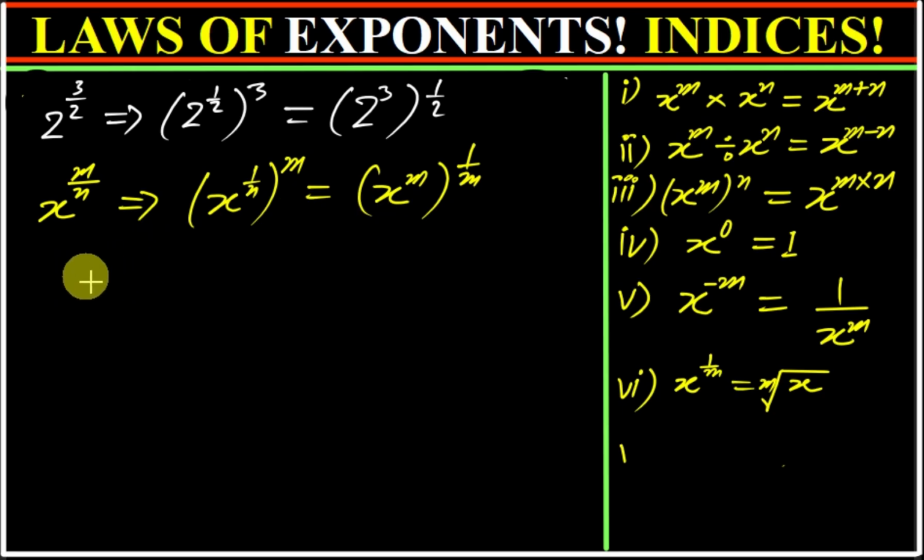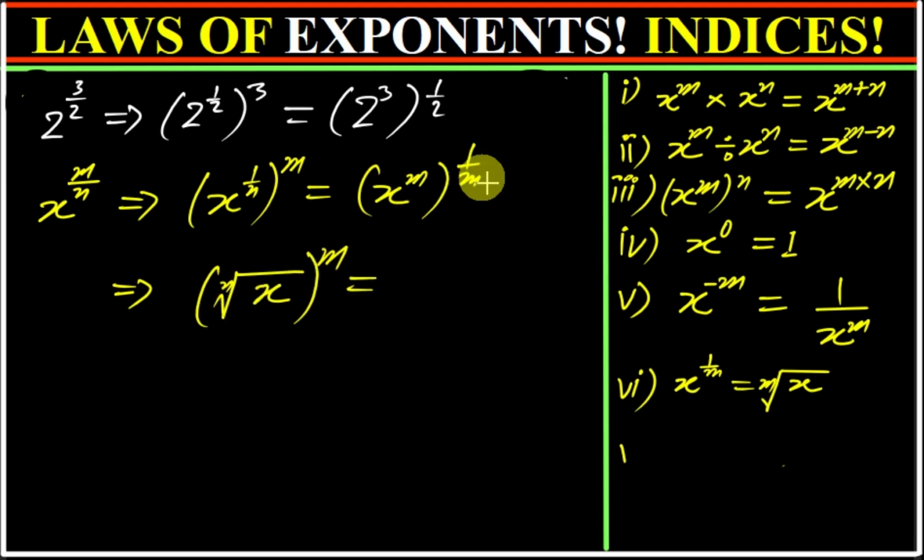So in another way we can write the same thing like this, the nth root of x raised to the power m, or we can write the same thing here, that the x raised to the power m and its nth root, like this.